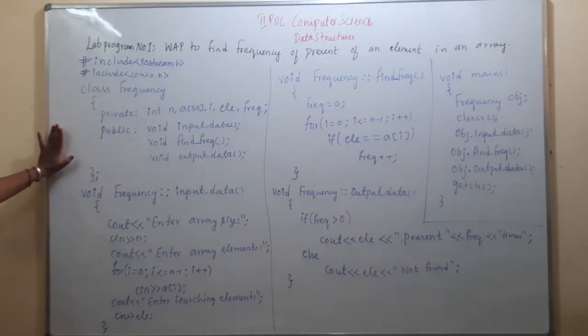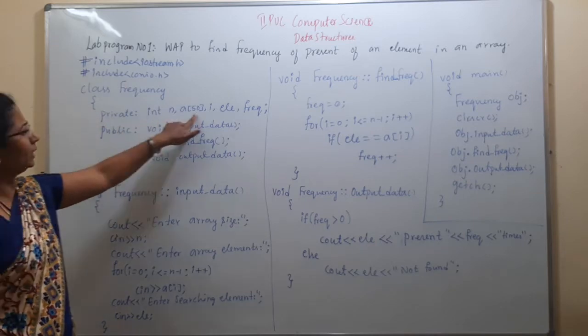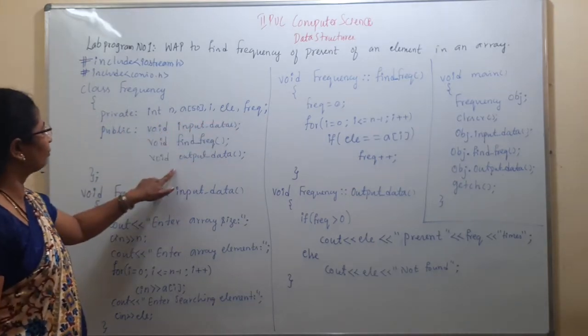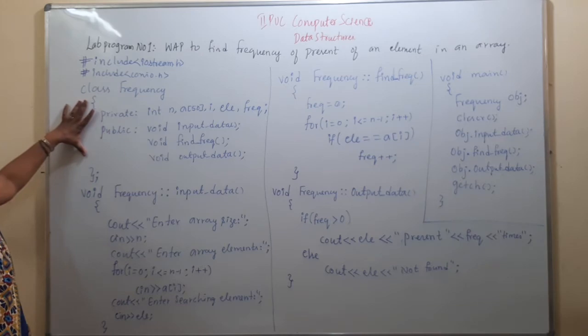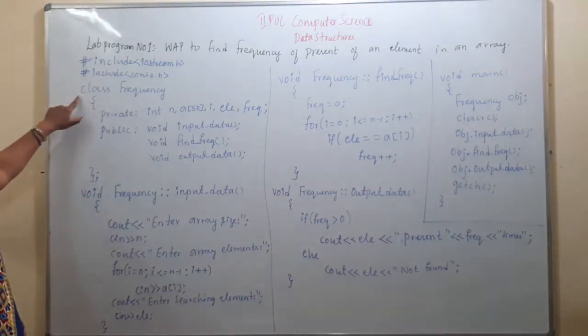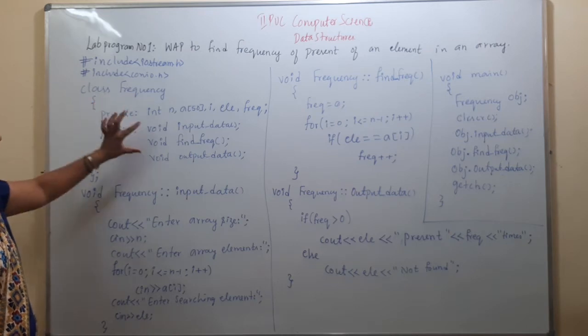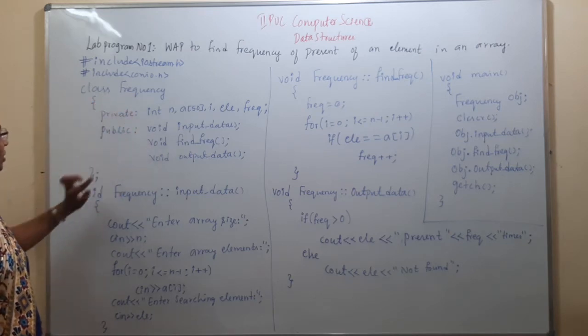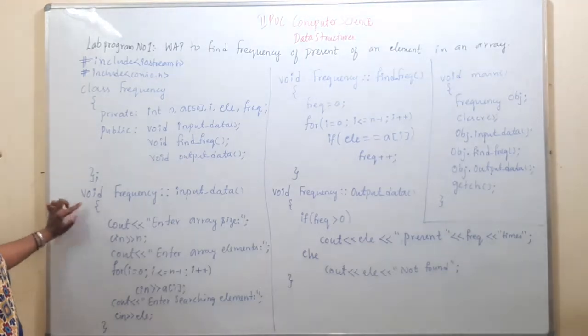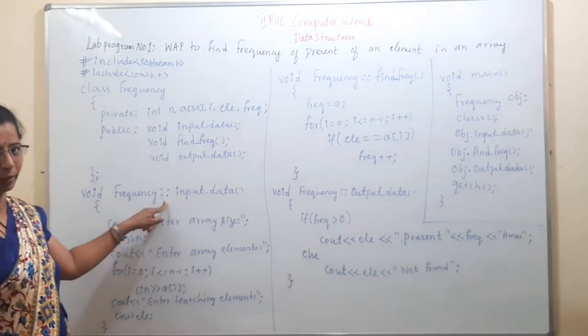Okay students, so here these are the data members, and these are the member functions declared within the class, hence it is the class definition with the class name, frequency. The member functions are declared in the class and defined outside the class with the scope resolution operator.